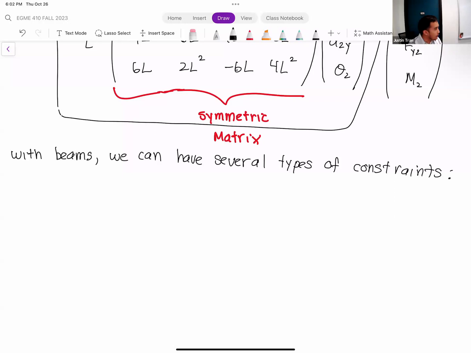And so far for the truss elements, we've seen pin supports and we've seen roller supports. Now that we have a rotational degree of freedom here, we have to talk about how those different constraints will constrain that rotational degree of freedom. Okay. And so there are three types of constraints that we're going to use here, and I'll go from most loose to the most rigid.